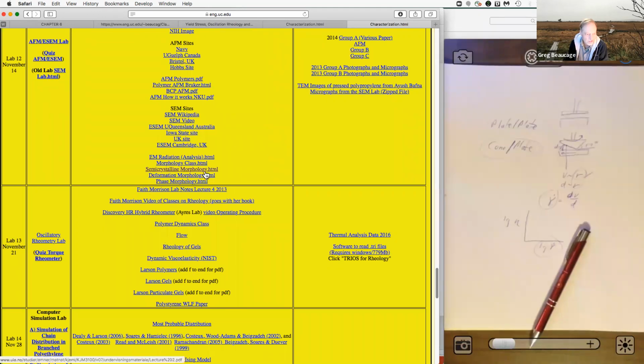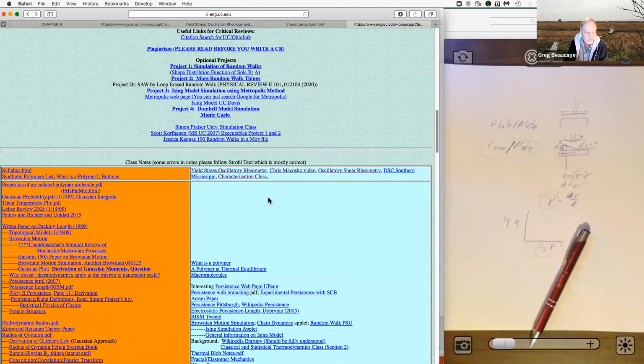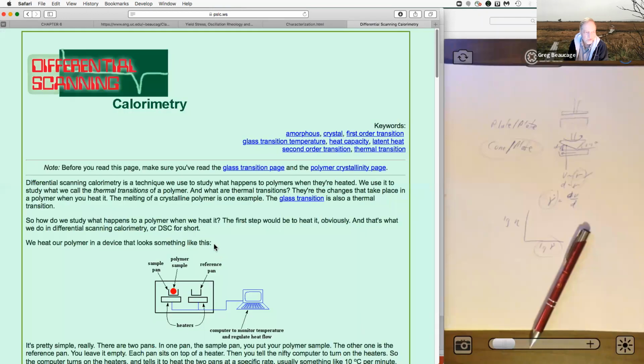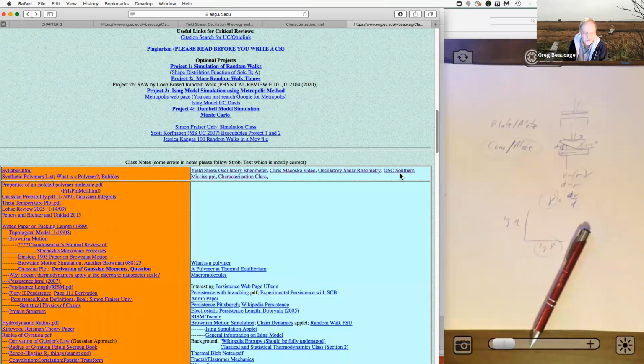One is this link to Southern Mississippi, which has, oh, that's a DSC thing. Sorry, someone asked about DSC. Anyway, there's a bunch of links to rheometry in that section of that course.